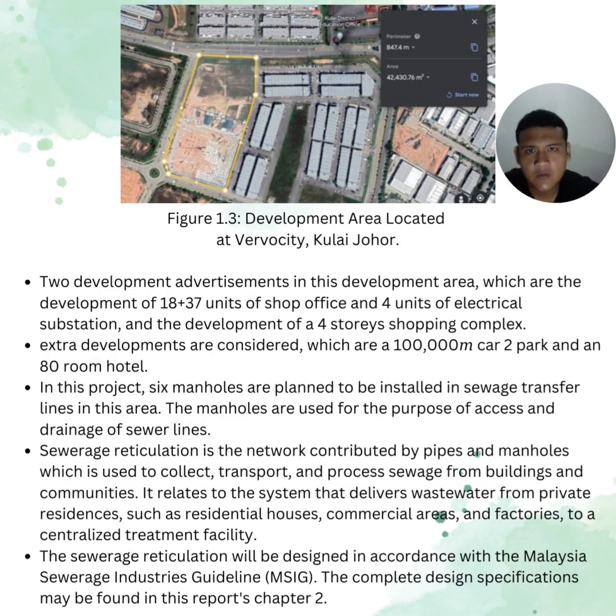Next, figure 1.3 is the development area located at City, Klejo. The two development advertisements in this development area are the development of 18 plus 33 units of shop office and 4 units of electrical substation, and the development of a 4-story shopping complex.